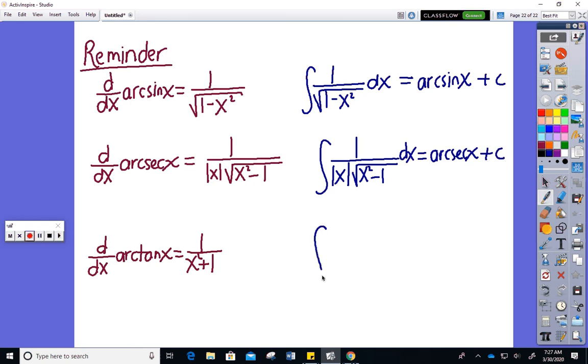And what's the antiderivative of 1 over x squared plus 1? Again, you're going to say, well, that's arc tangent.